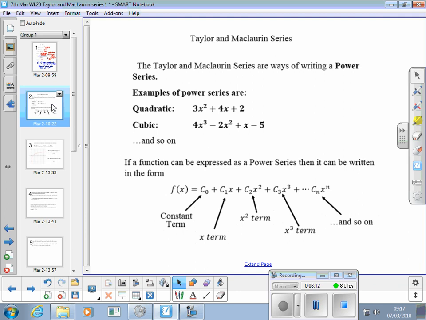F of x is equal to a constant term, an x term, an x squared term, an x cubed term. We can carry that on for n number of terms towards infinity. The idea of this is we can represent other functions like an exponential function or a sine function or a cosine function as a power series.